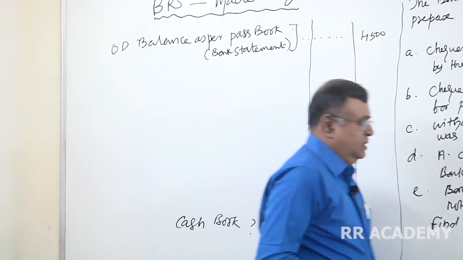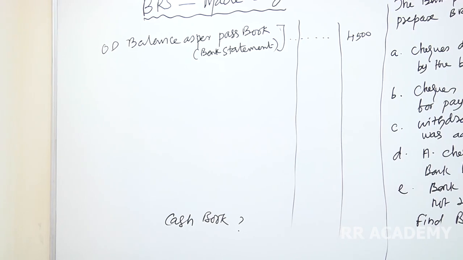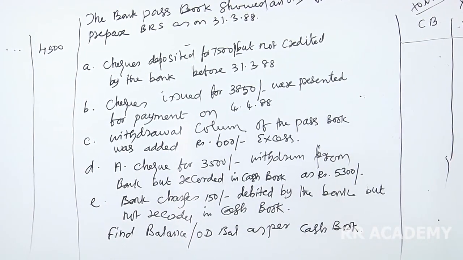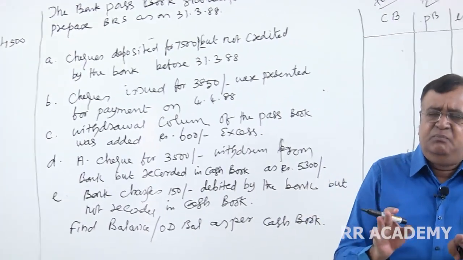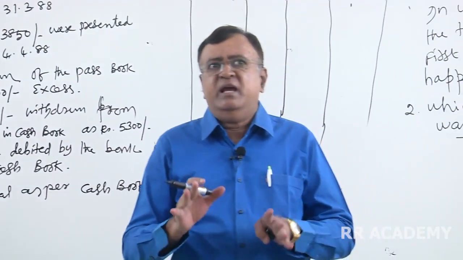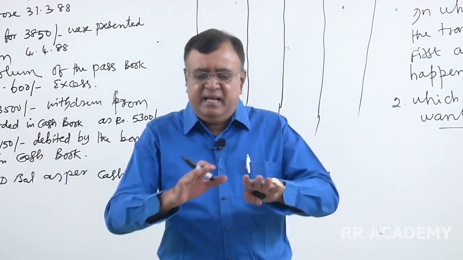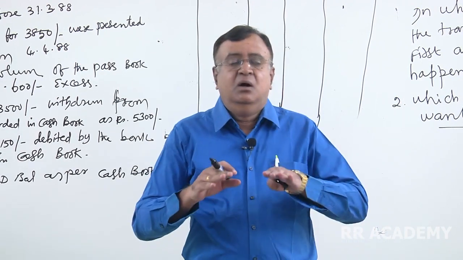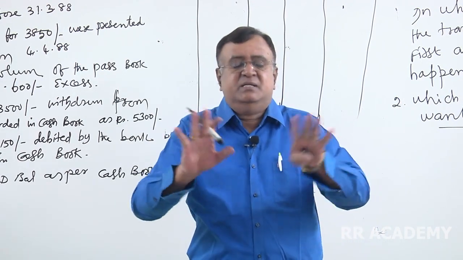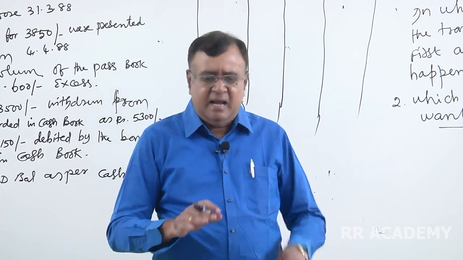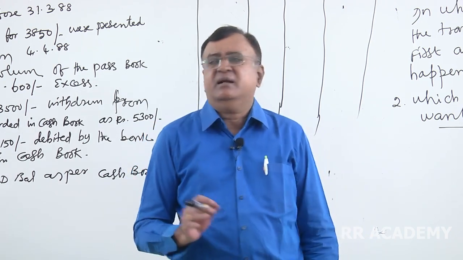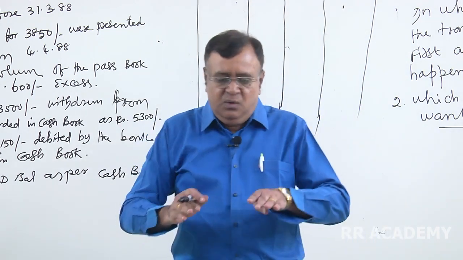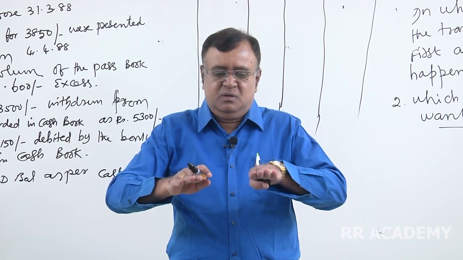Now, checks deposited for 7,500. Please do not do anything other than the normal way. Sir, overdraft is given, sir. Plus becomes minus, minus becomes plus. Don't do anything. As it is, proceed, you will get the answer. A small change here. That's all. Now, cash book, passbook.